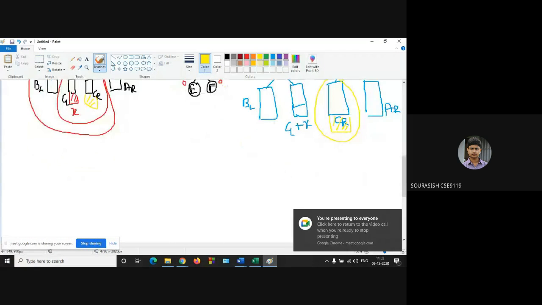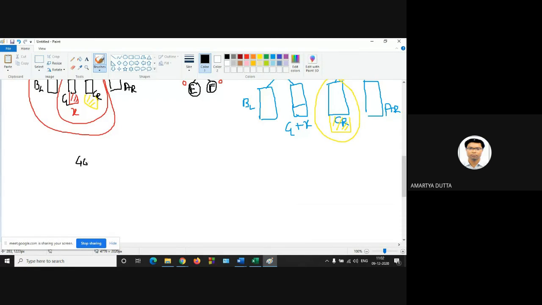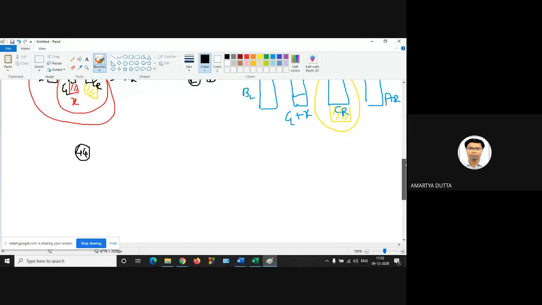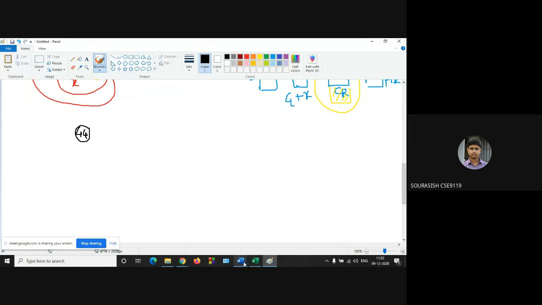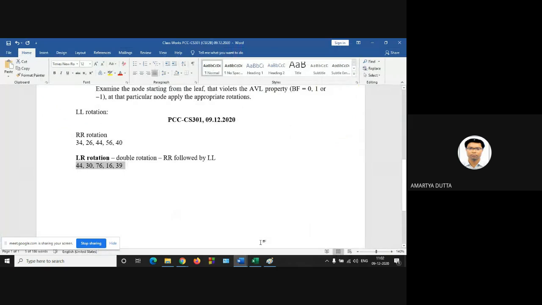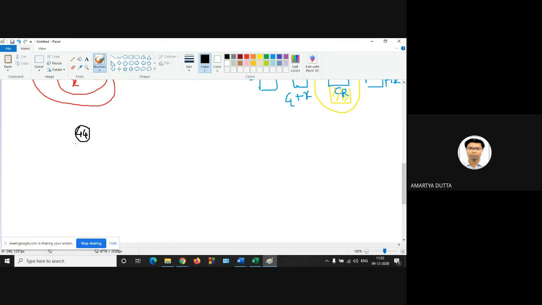44 will be the root. 44 is our root. 30 will be the left child. 44 is the root, 30 is the left child.